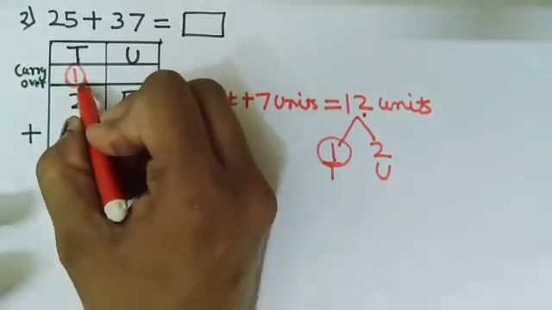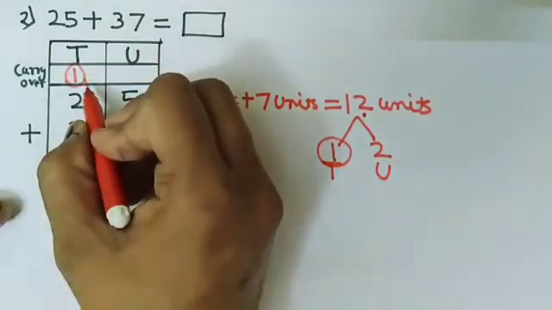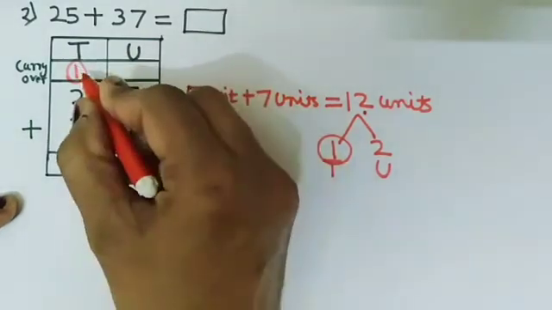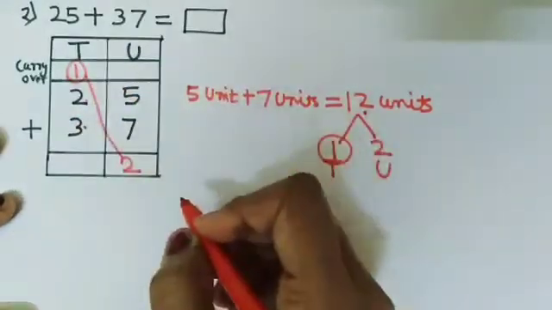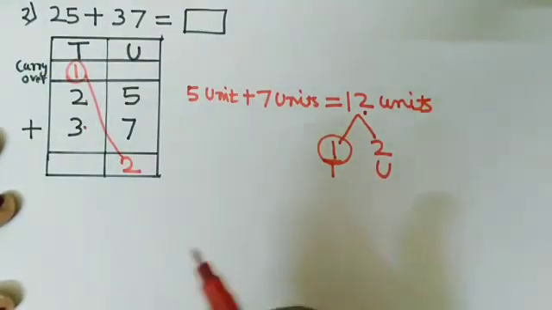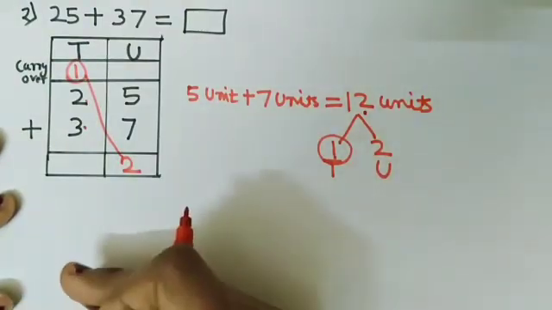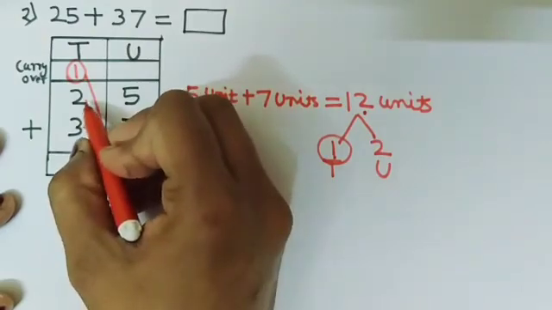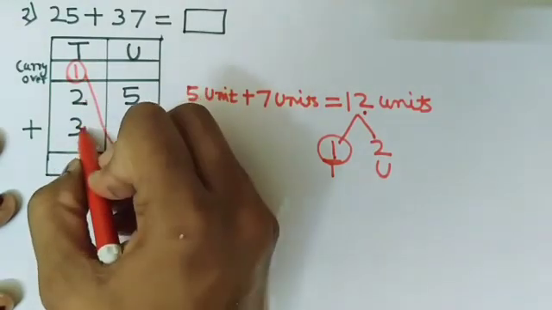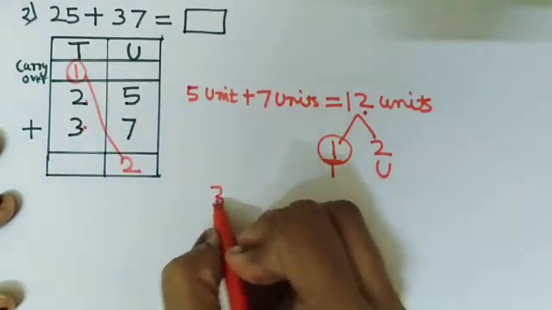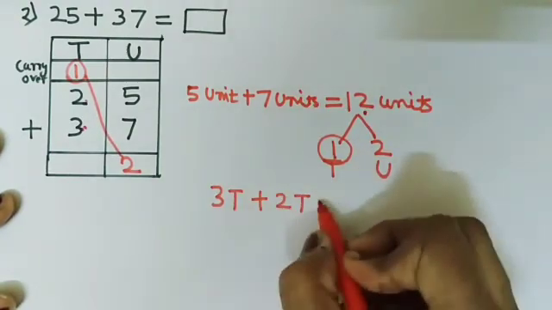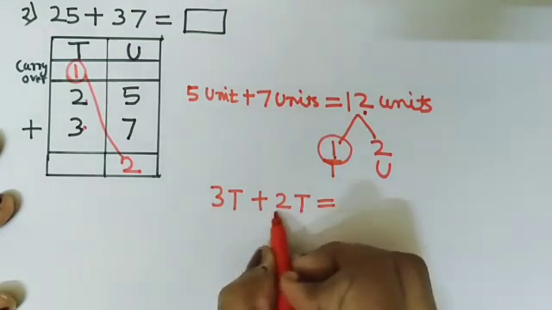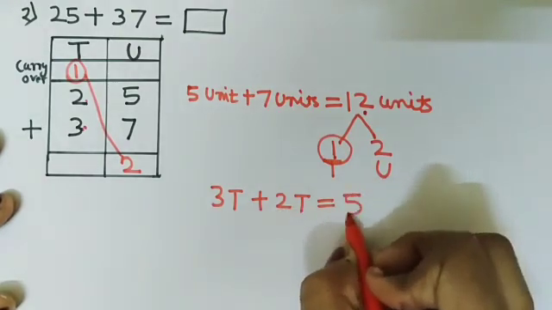Now we will start adding the tens column numbers. We have here 1, 2, 3 numbers. So we have to add one by one with each other. Here first we will add, what is 3 plus 2? We have 3 tens plus 2 tens, that equals 5 tens.